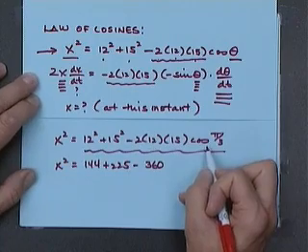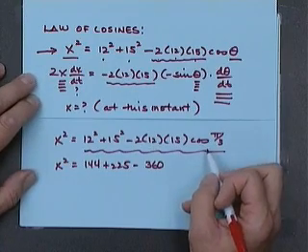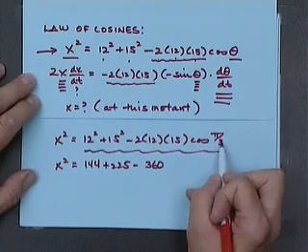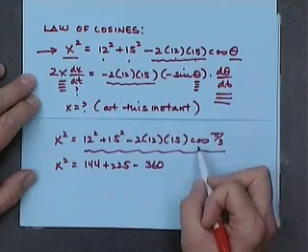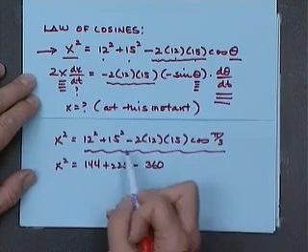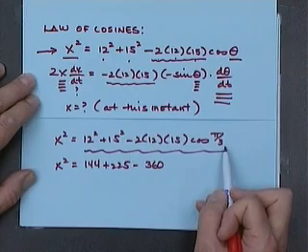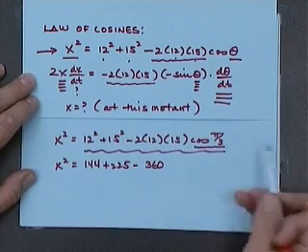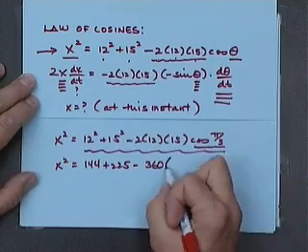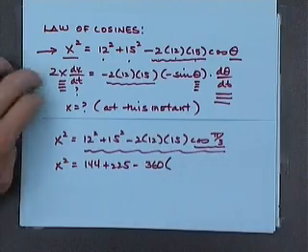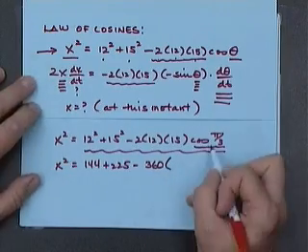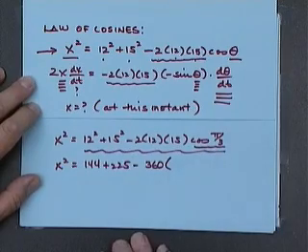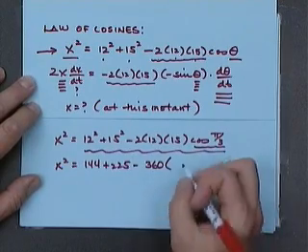And this is a common place where mistakes are made on the law of cosines. If this angle, when you take the cosine of it, happens to be negative, you're going to be subtracting a negative. But in this case, cosine of pi over 3 is not negative, so we don't have to worry about that. But sometimes that's a place where errors are made on the law of cosines. Cosine of pi over 3 is 1/2.